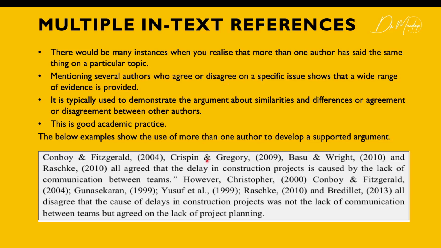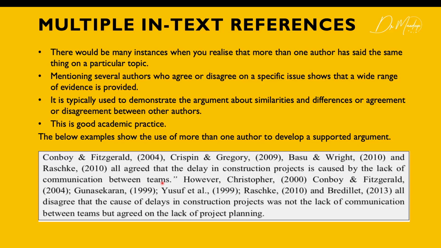Now, in this example, it says that person 1, 2, 3, 4 people all agreed that delay in construction projects is caused by the lack of communication between the teams. So they all are agreeing. You are looking at what is delay in construction projects and how that is being caused.